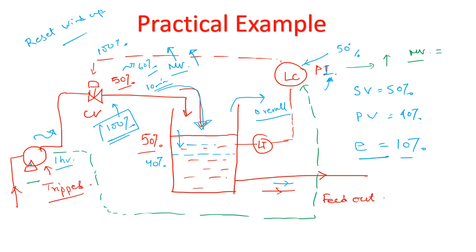So suppose at a certain point of time MV value is 50%, and at that point of time pump has tripped, so it will not allow MV value to increase more than 50%. It will hold the MV at 50%. So in this way, when the pump again starts, it gets the same situation where it left off, right? And there is no chance of overflow or any other hazard.